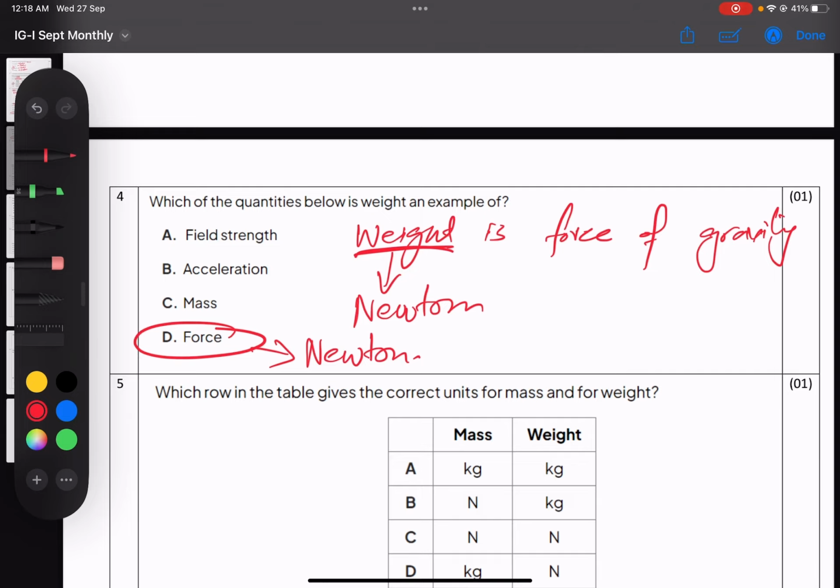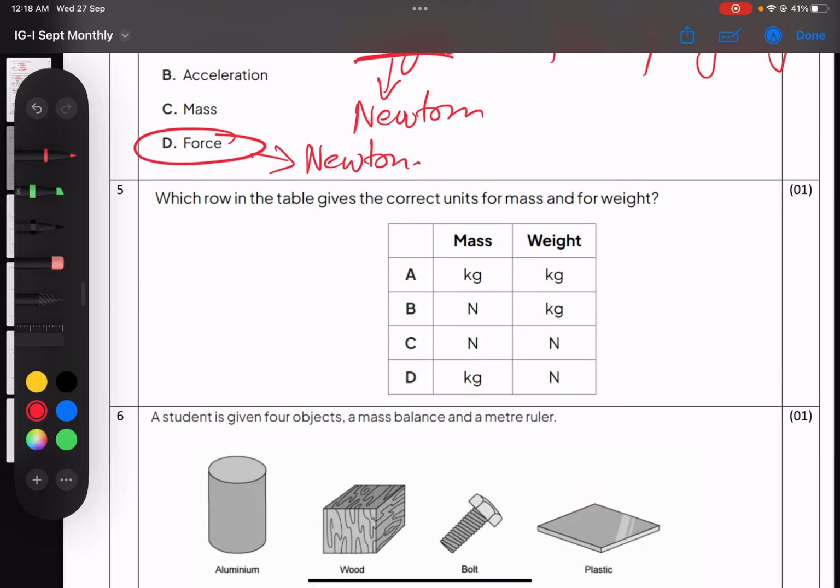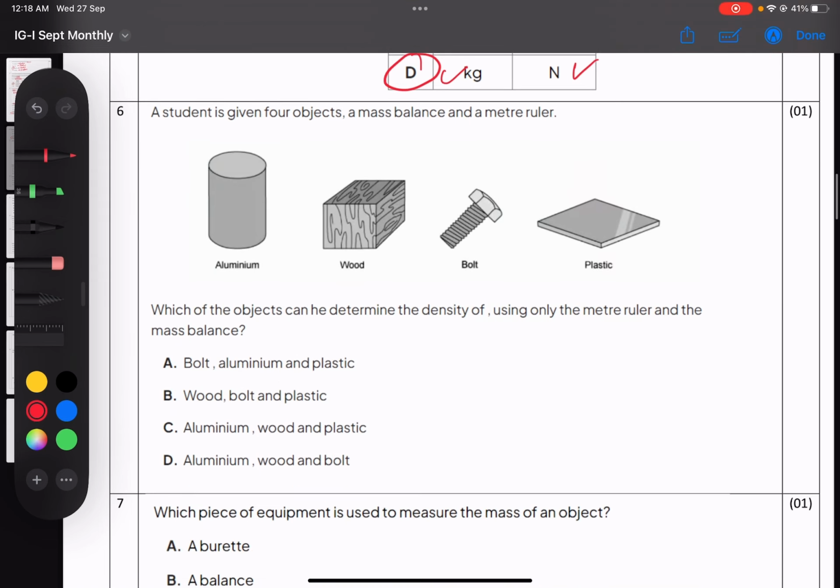So both are same. Question 5. Which row in the table gives the correct unit for the mass and the weight? For the mass we have grams or kg. For the weight we have Newton. So it's kg for the mass and Newton for the weight. It's option D.